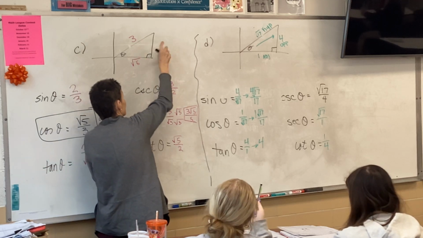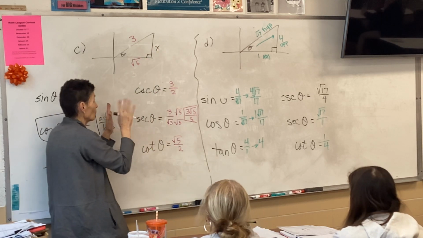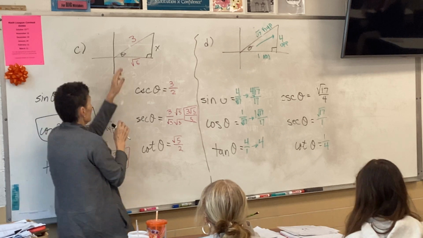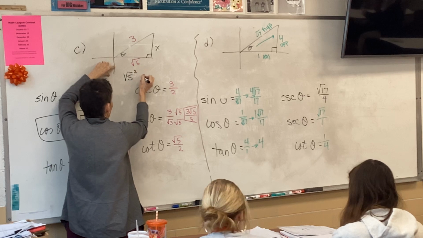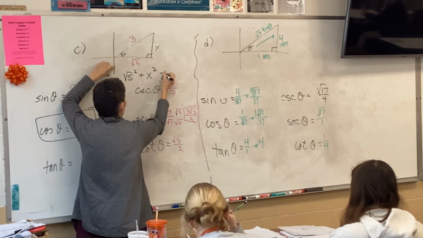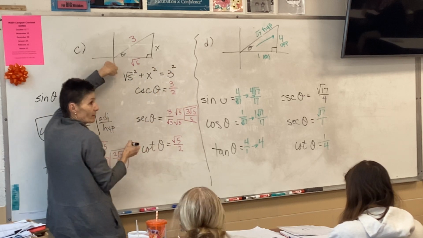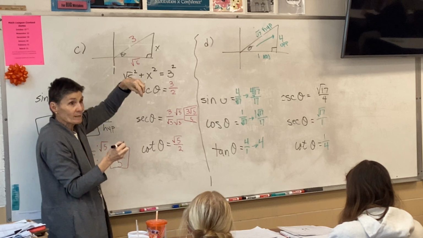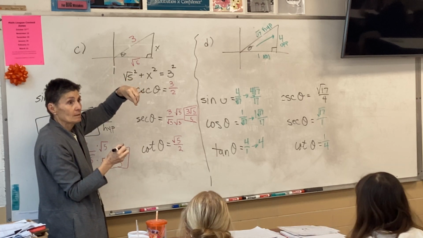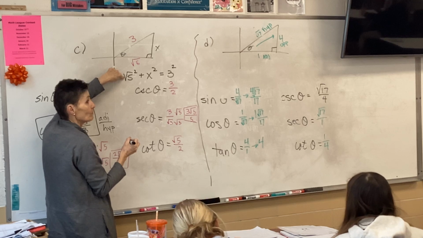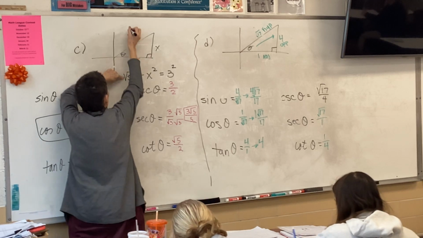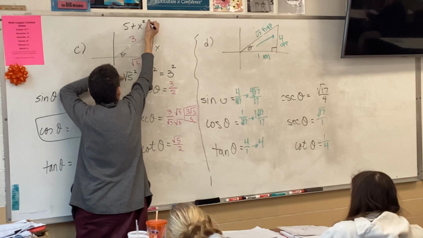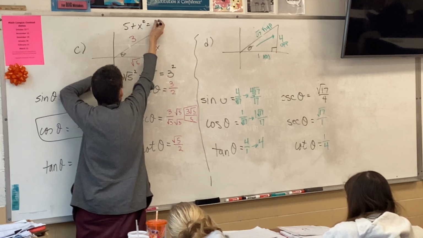Now, this was the missing piece, and she got it right, but I'm gonna walk through it with you. The Pythagorean theorem says root 5 squared plus x squared equals 3 squared. When you square root 5, you just get 5. Plus x squared equals 9.